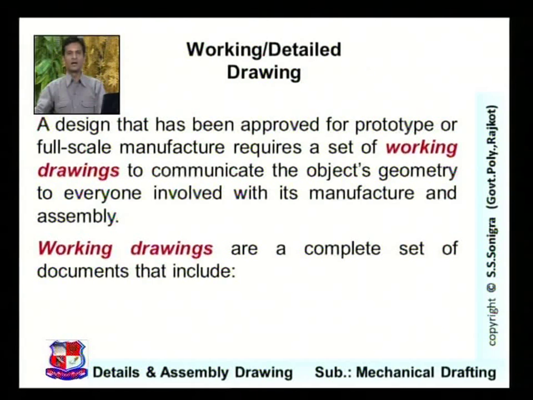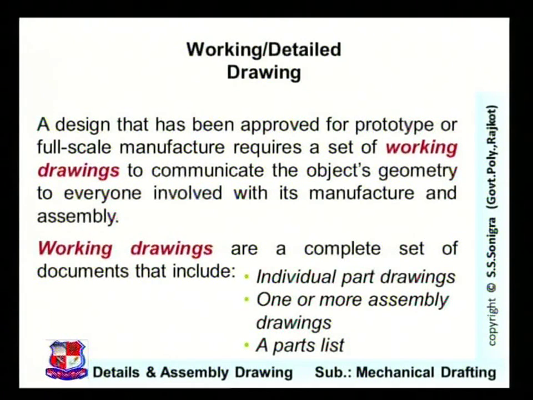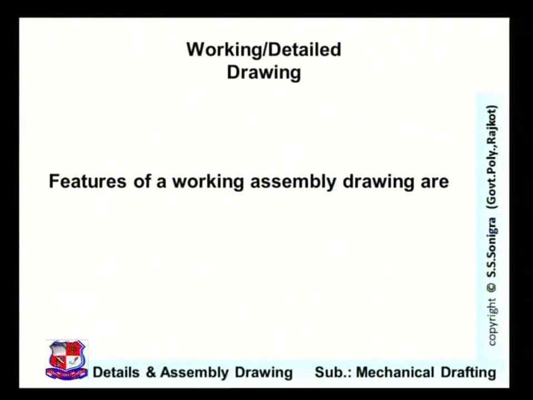Working drawings are a complete set of documents that include individual part drawings, one or more assembly drawings, and a parts list. In a working drawing or detailed drawing, the majority or almost all of the information is represented with the standard notations.